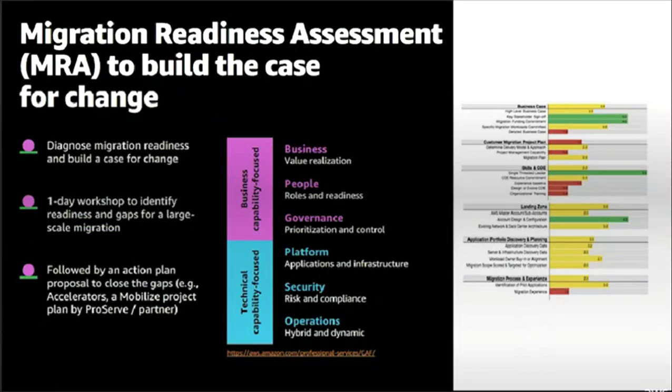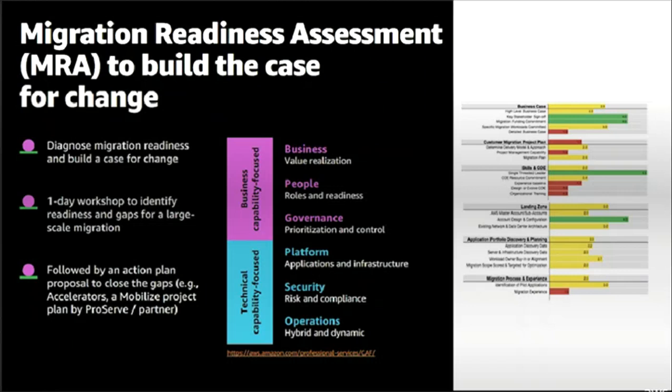Now look at stage two. Stage two is the migration readiness assessment, which is MRA. In this stage, AWS sends their consultants and professional services to our site to meet with us.